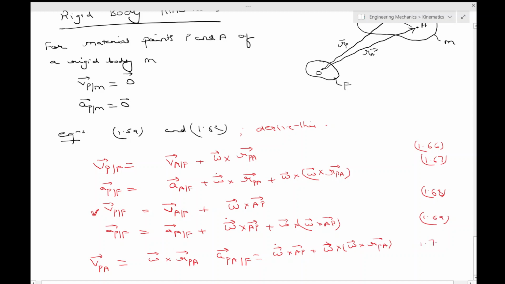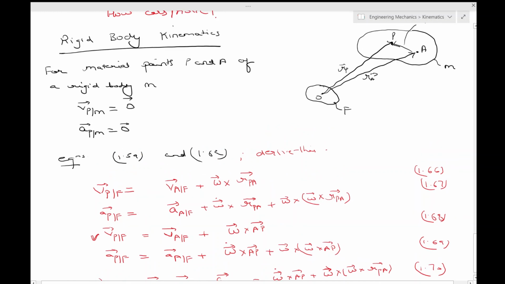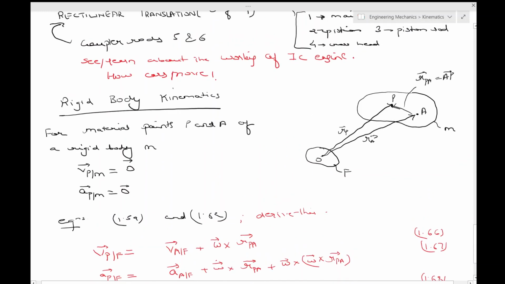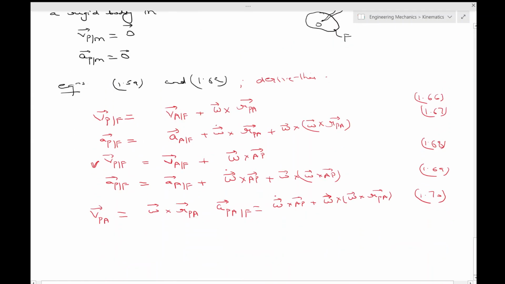That's 1.70. Okay, so RPA is this vector over here. So we are able to write the relative velocity of P with respect to A.